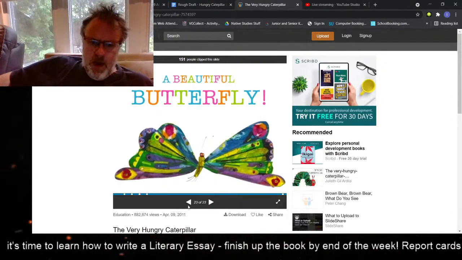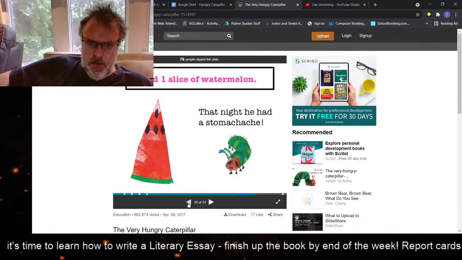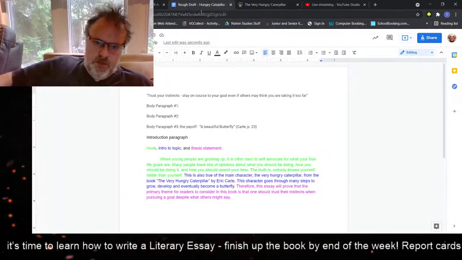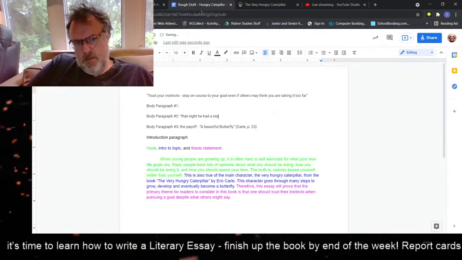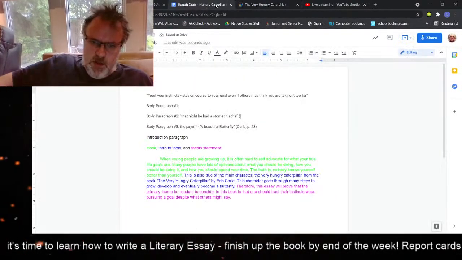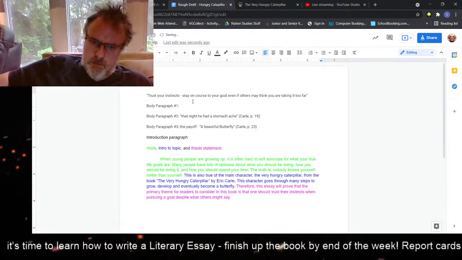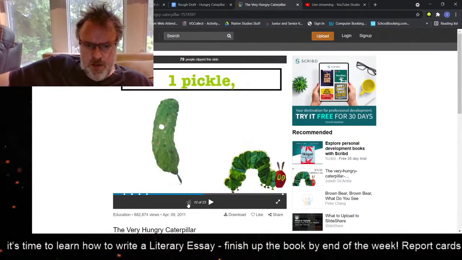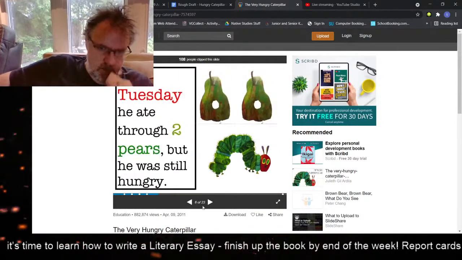If I work my way backwards, I think I'm going to do that night he had a stomach ache as another example, and we'll put that on page 19. And then the first example should come from the very beginning of the book, because my 19 and 23 are pretty close together.